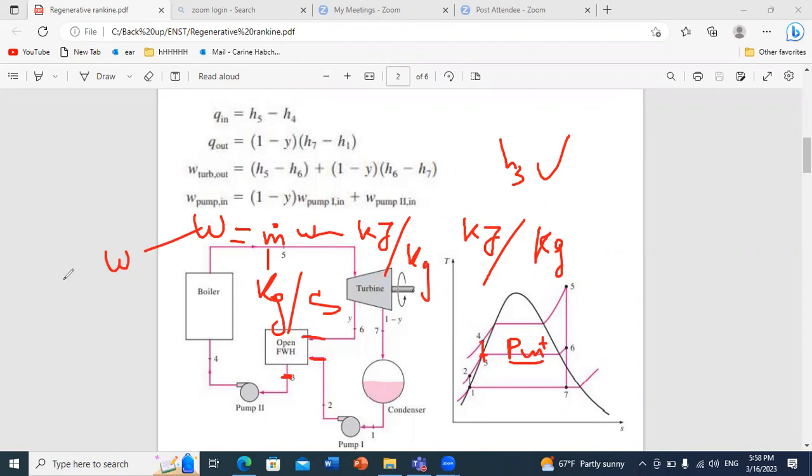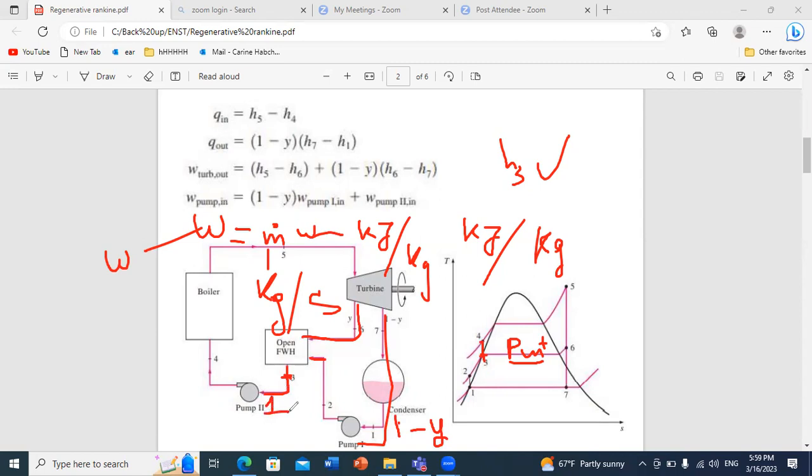And here we should pay attention that the mass flow rates are not the same in this cycle and in this one. When you go through pump 1, what is the flow rate? It's 1 minus y. While when you consider pump 2, you have the total flow rate, which is 1, going through pump 2.